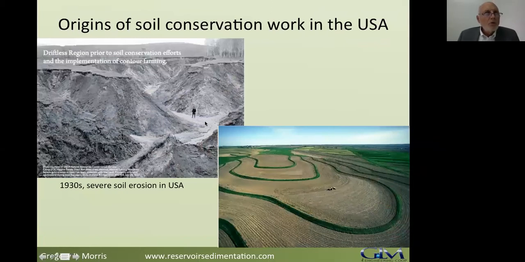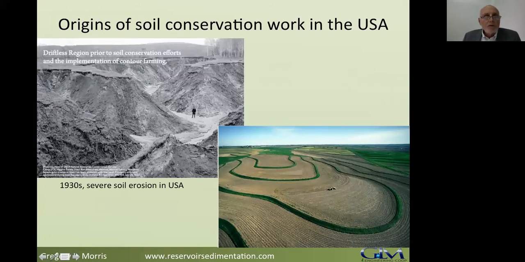We don't realize it today, but because we have in the United States a very well implemented erosion control program, but it didn't used to be like this. Photo on the upper left, the 1930s, this is the driftless region, Minnesota, but this is typical of many, many areas throughout the country once upon a time.